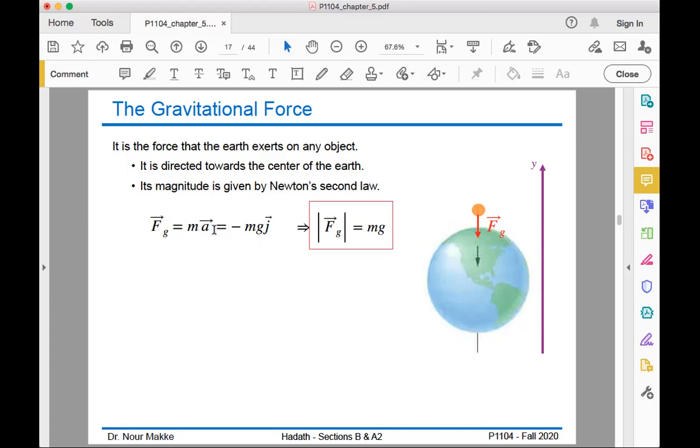But in this case, a is nothing else than the gravity acceleration g, as we have seen earlier. So it's minus g j, where j is the unit vector of the y-axis. And so we can deduce that the modulus of Fg, the gravitational force, is nothing else than m times g, where m is the mass and g is the gravity acceleration that we studied earlier in chapters 2 and 4.